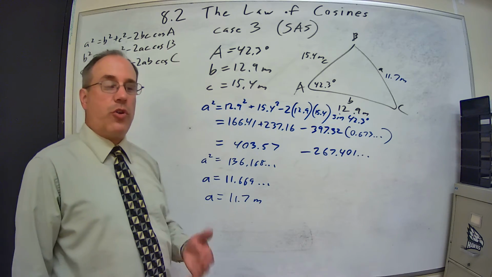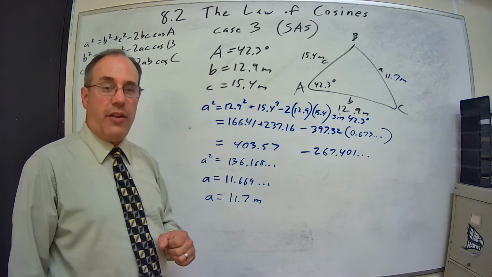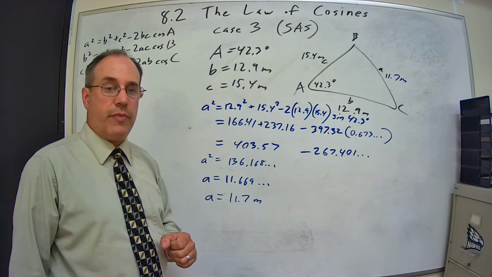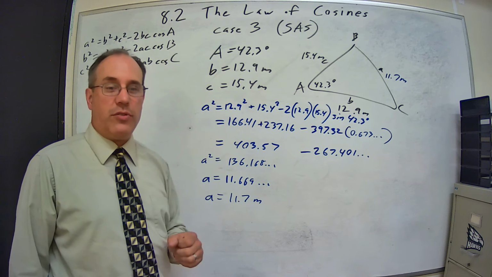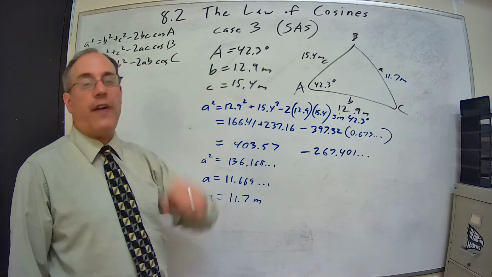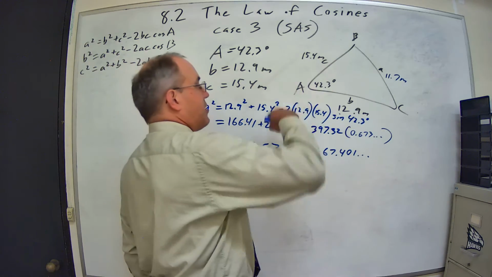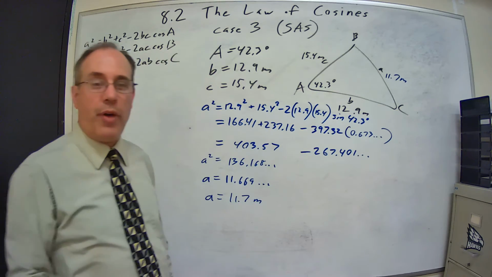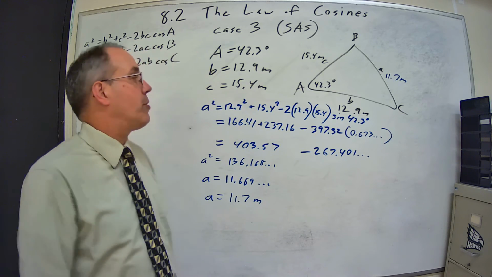So you can switch over to the law of sines to find another angle. Once you've done that, you have two angles, therefore you can use the sum of interior angles to find the third angle. So that's our process. Law of cosines, followed by the law of sines, followed by sum of interior angles.